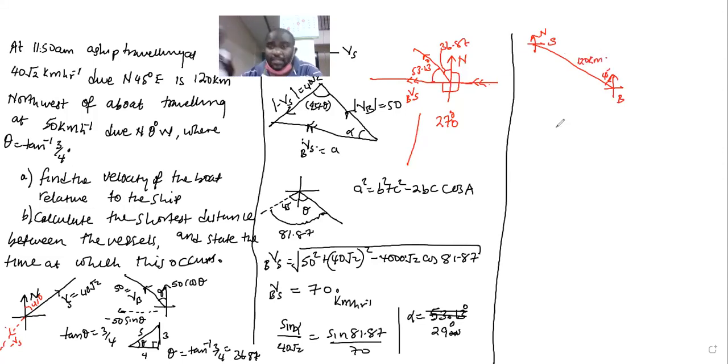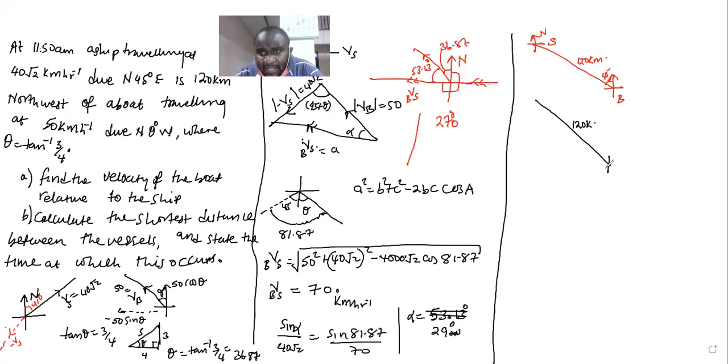So for that reason, when I sketch the appropriate vector triangle for this, it will take me to having the distance initially as 120 kilometers. But remember, it's the relative velocity of the boat to the ship. So we make the boat move along the relative path, the line of the relative velocity, and it will be moving with the relative velocity at that instant.